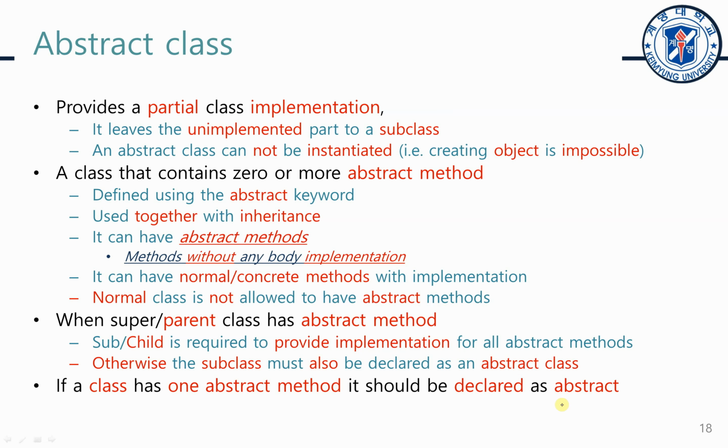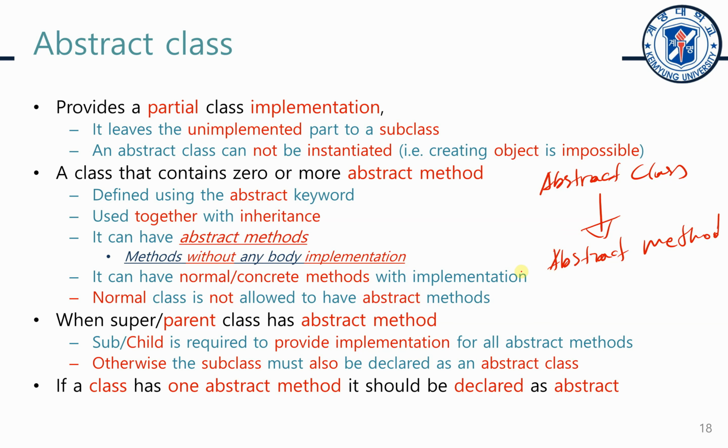So an abstract class depends on an abstract method. Okay, so this is the relationship. The abstractness of a class depends on the abstractness of a method.